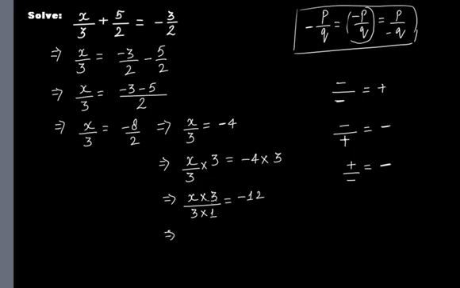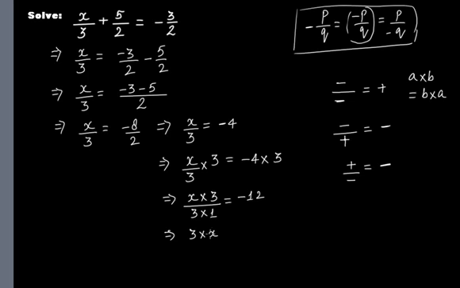This is x times 3, so we can write it as 3 times x. How? Commutativity of multiplication of rational numbers, of any number, sorry, not rational number, of any number. That says if a times b, then this is equal to b times a. This is commutative property.